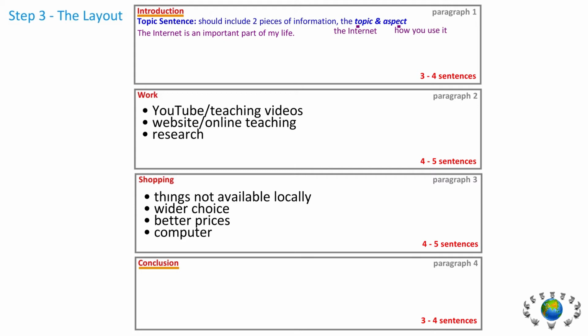Now, the second and third paragraph about our main ideas, they should be a little bit longer. So perhaps 4 or 5 sentences for the second paragraph, and 4 or 5 sentences for your third paragraph. If you follow this and you finish your writing and then you count your words, usually you will have enough words for exam situations. All right?